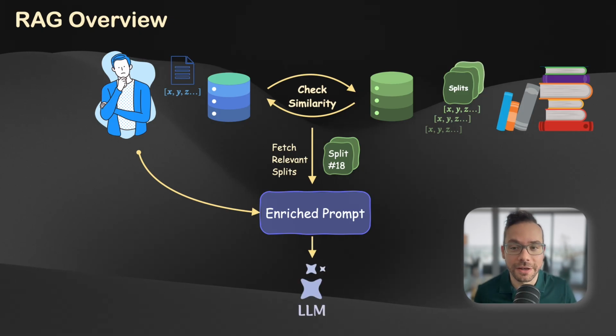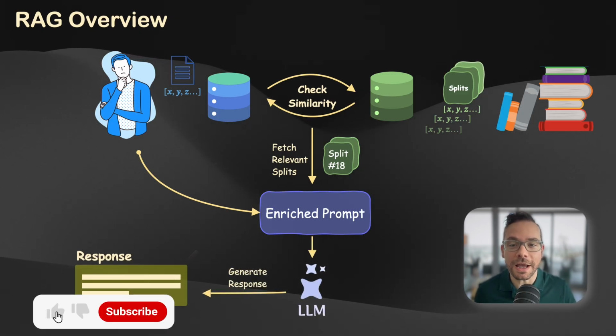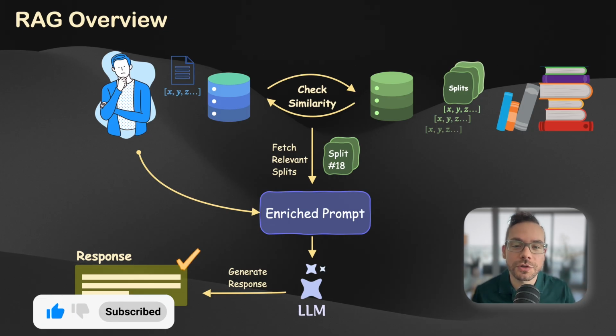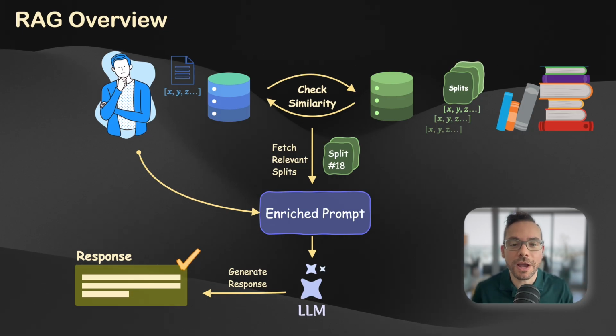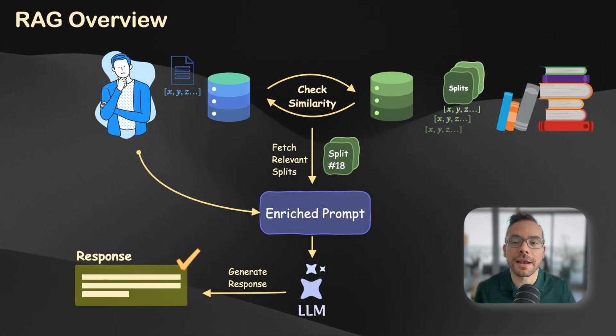Finally, generation. We feed that enriched prompt to the LLM. Because the exact factual information is sitting right in front of it, the model doesn't have to guess or hallucinate. It just reasons over the provided context and produces a precise, grounded answer.